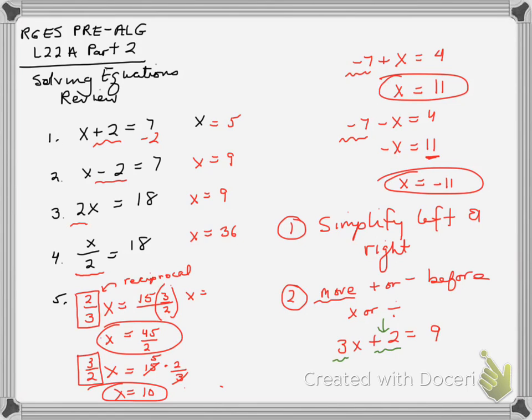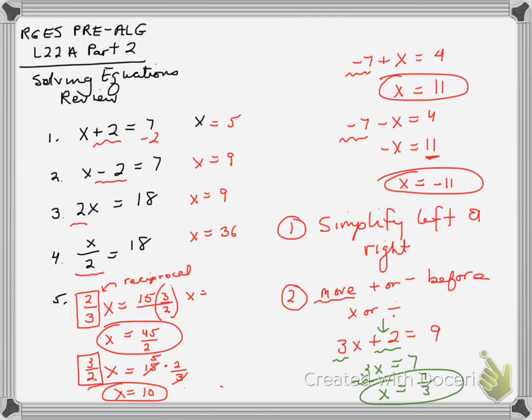So how would that look? The opposite of adding 2 is subtracting 2. So my next step should be 3x equals 9 minus 2. Then I want to get rid of that. The opposite of multiply is divide. So I have x equals 7/3.